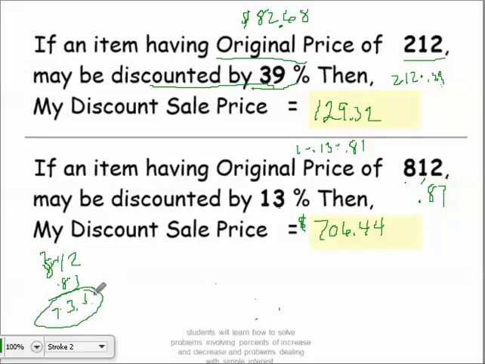Yeah, I estimated low at 13%, so 731 is more than 706. That's a little bit higher. That's pretty much what I would expect it to be, around that number. That's the value right there, $706.44. That's the discounted sales price.